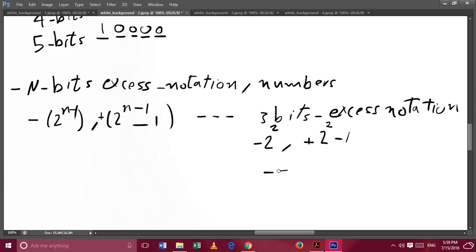So that would be -4 to 3. This is the range here.